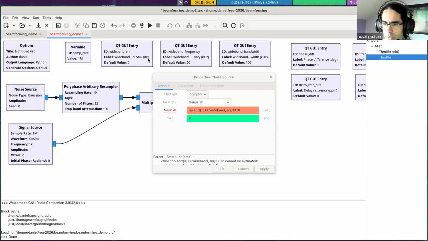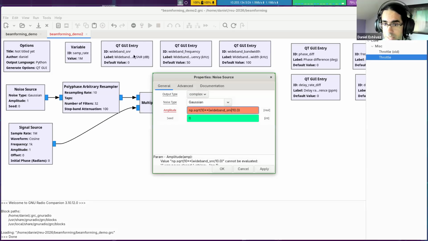Here I'm going to use something slightly simpler, which is more convenient for this simulation, which is the SNR of the whole noise source compared to the noise floor in the bandwidth occupied by the noise source.